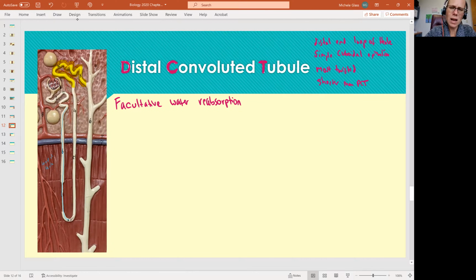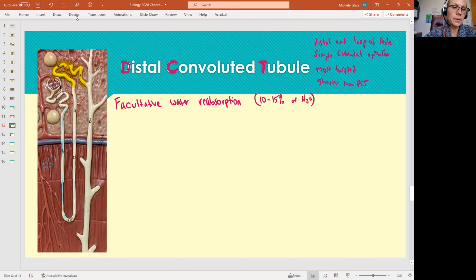When we talk about how much water reabsorption varies, we'll see that we are only going to be absorbing here like 10 to 15% of the water from that original filtrate. So we've already reabsorbed 80%, and so then we can be flexible with the remaining 10 to 15%. So when we're seeing the difference between a concentrated and a dilute urine, this is the level of difference that we're seeing.